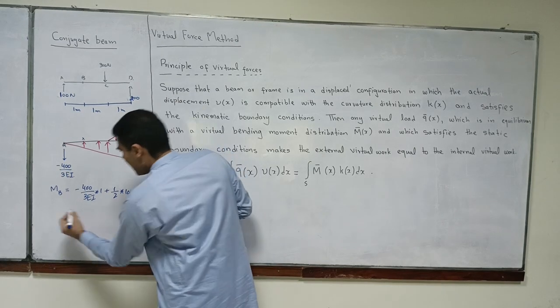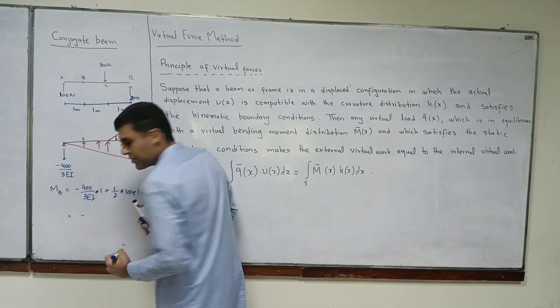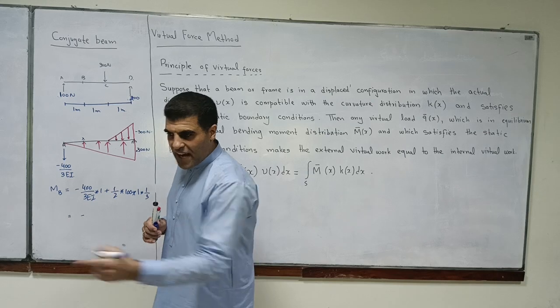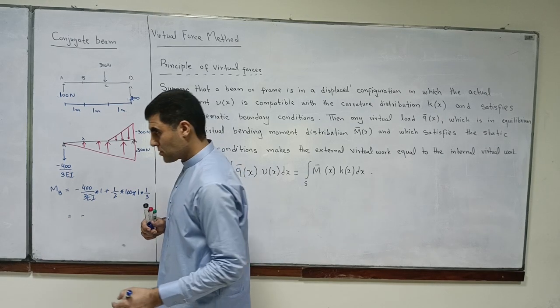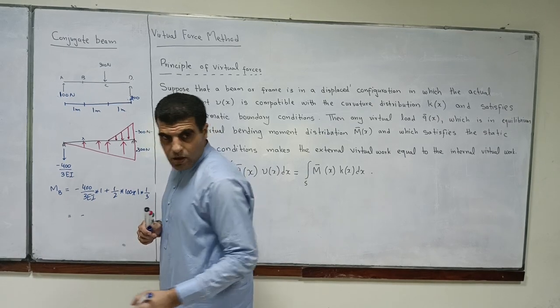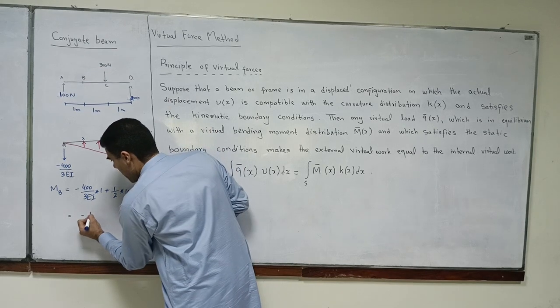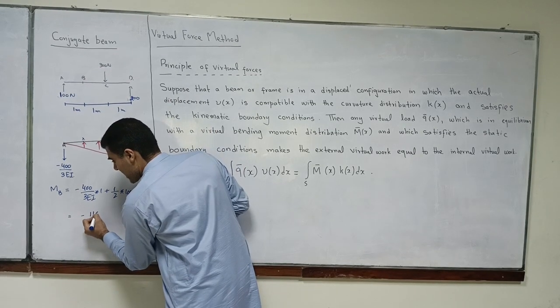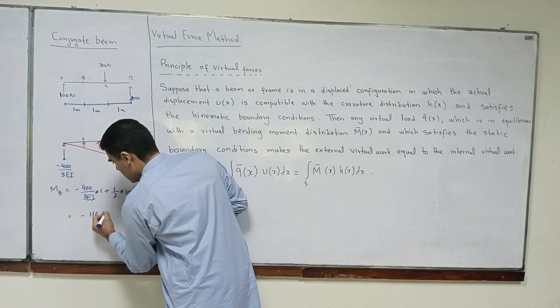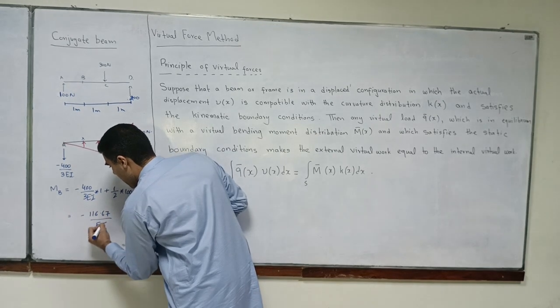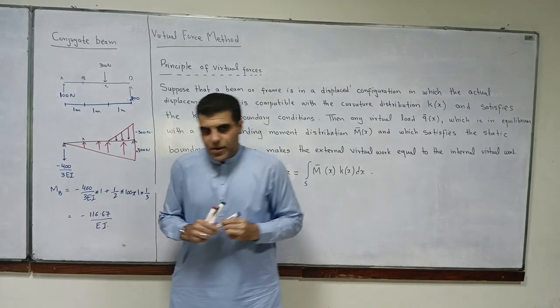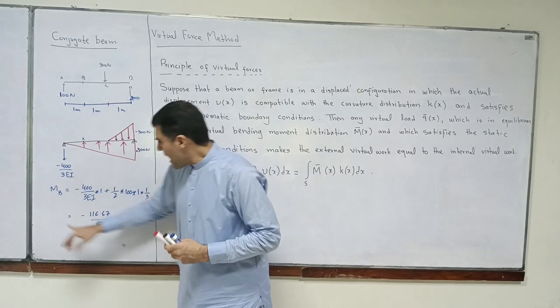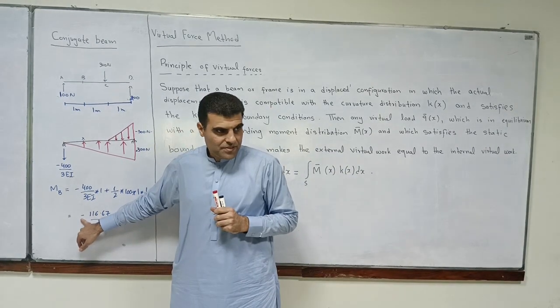And in the end, what did we get? Minus 116.67 over EI. Now, this is coming out to be negative.